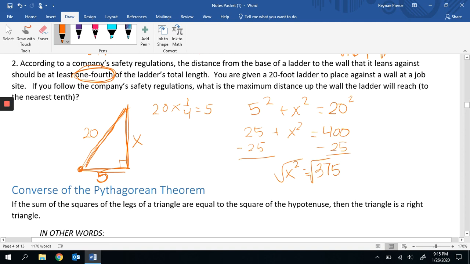And the square root of 375 is 5 square roots of 15 feet. Or if we want to put this in word problems, we like to put in terms of decimals, because in the real world we usually don't talk in terms of square root. This is going to be 19.36 feet.